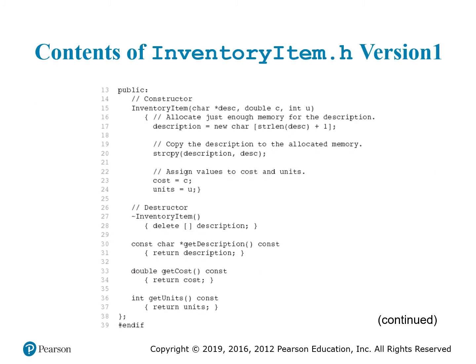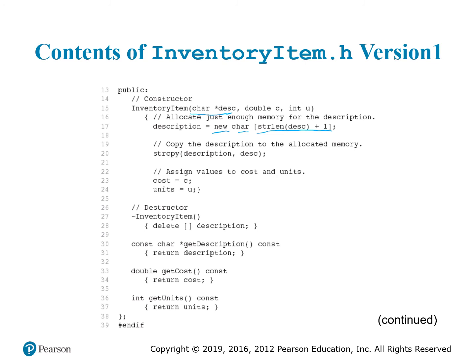in this object, inventory item, they haven't pre-allocated a string for the description. They just wait until somebody passes them a description in the constructor, and they say new character of string length description plus 1.